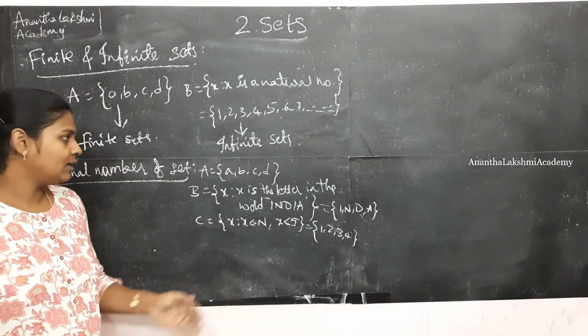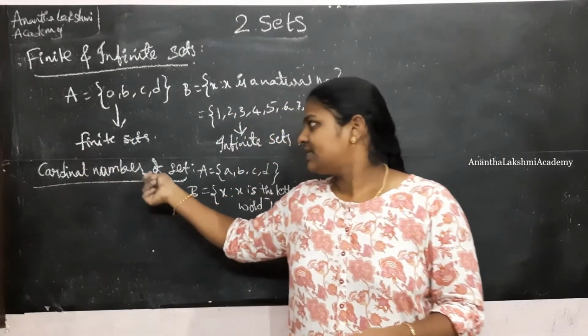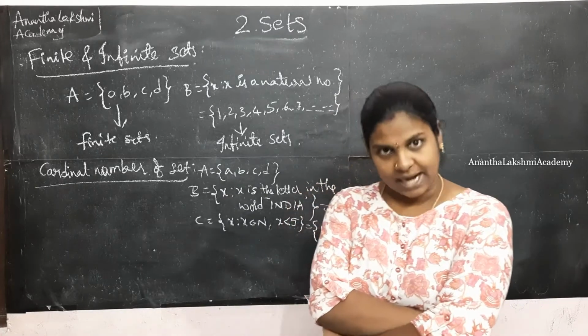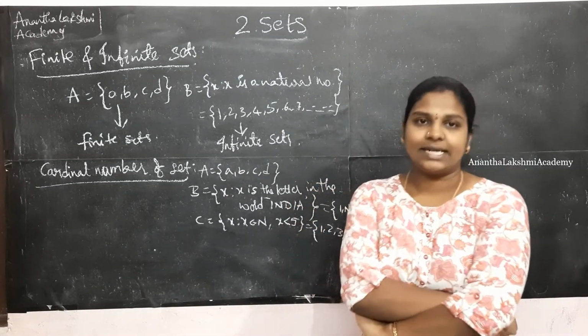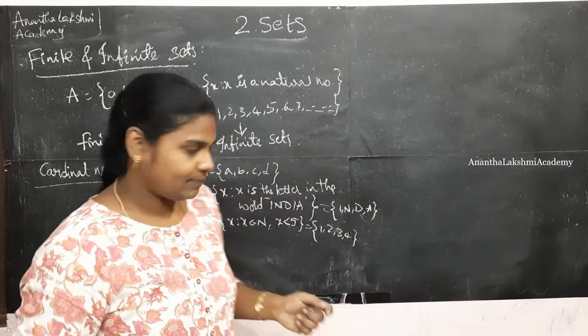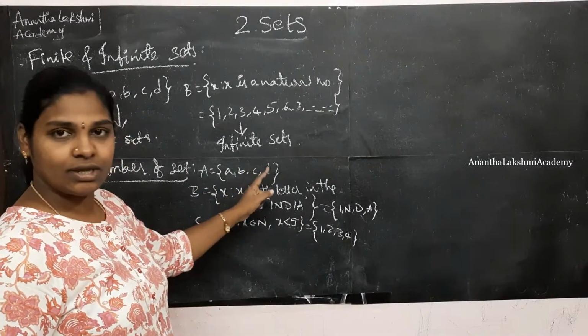Okay. So, coming to the concept of cardinal number of a set. The cardinal number of a set is nothing but the number of elements present in the set. If you consider the set A, how many elements does it have? 4: 1, 2, 3, 4.